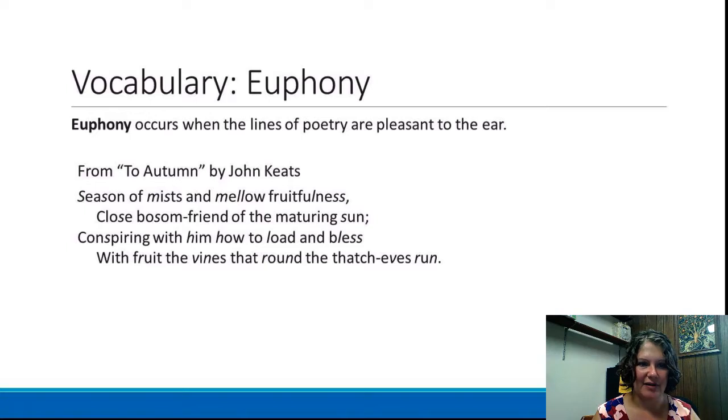In the third line, we have the repetition of the S sound, as well as the repetition of an H sound and an L sound. And then in the fourth line, we have the repetition of R sounds, of that V sound, and also of the N sound. As you put those all together, what you get is four lines that are fairly pleasant to listen to and almost sound musical, or at least arguably sound musical.